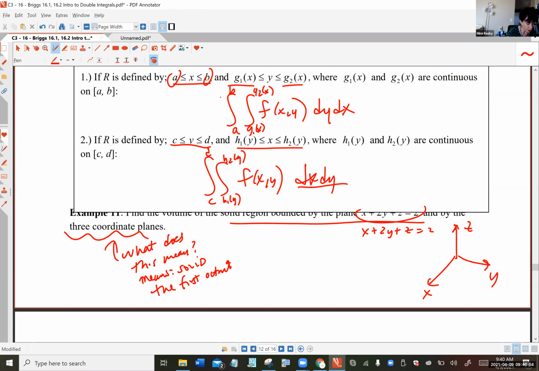If you graphed this plane, and you all know how to sketch graphs of planes, you'll notice that the x-intercept is 2, the z-intercept is 2, and the y-intercept is 1/2. You're finding the solid bounded above by that ceiling, and the base of the solid is in the xy plane, this triangular region here.